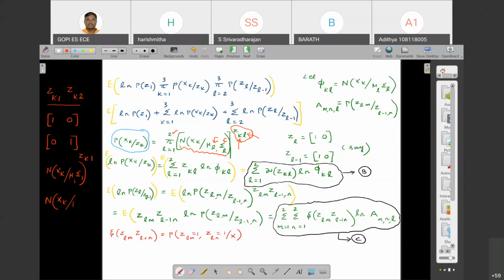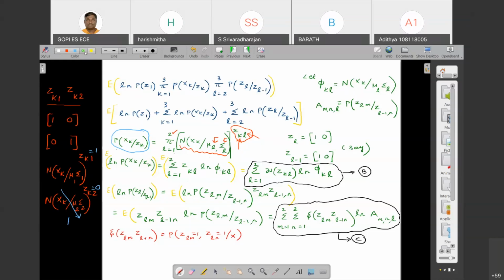Then the normal distribution of xk given mu 2, sigma 2, power ZK2. As I told you, if ZK1 is 1, automatically ZK2 is becoming 0, so this will be activated in this case because this value will become 1.